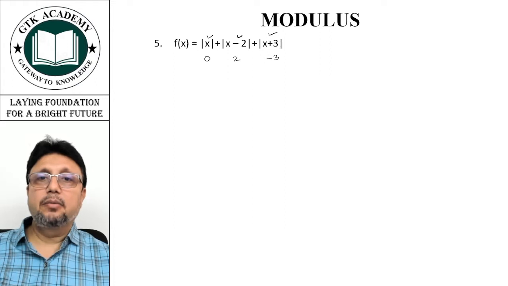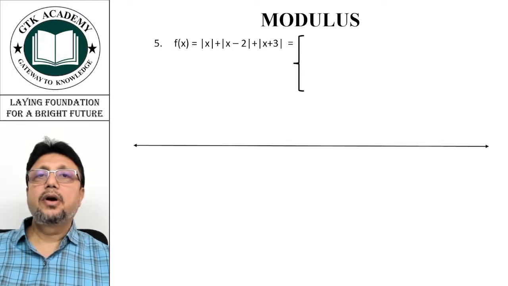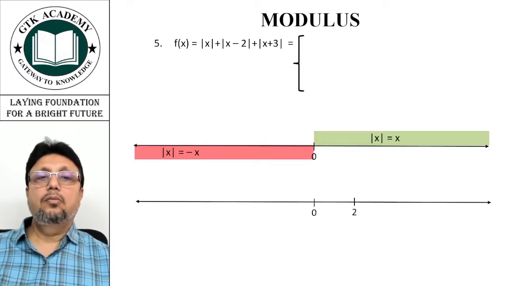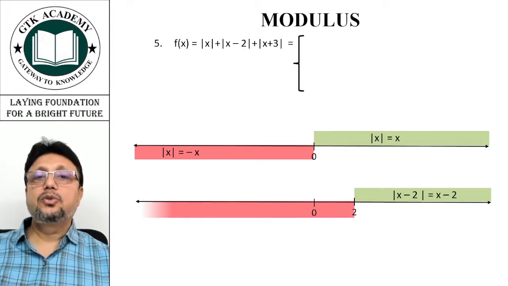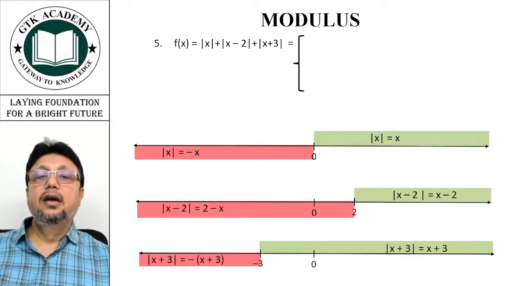We have already discussed that. So now let us draw number line diagrams. This is the number line diagram of |x|, |x − 2| and |x + 3|.